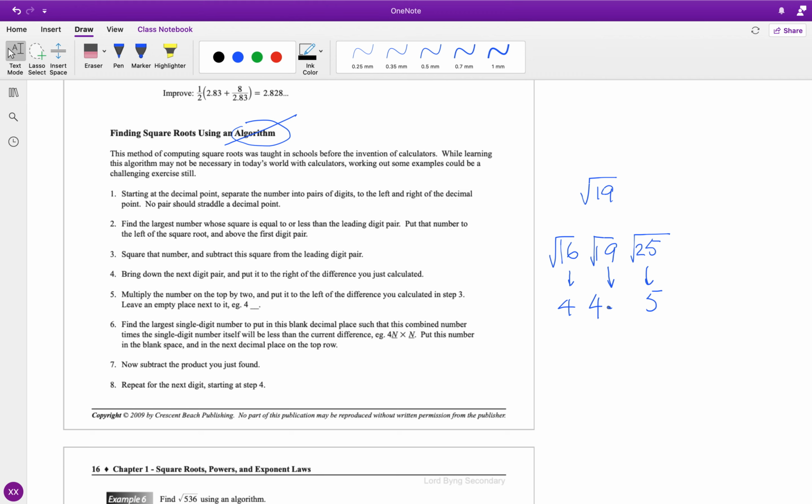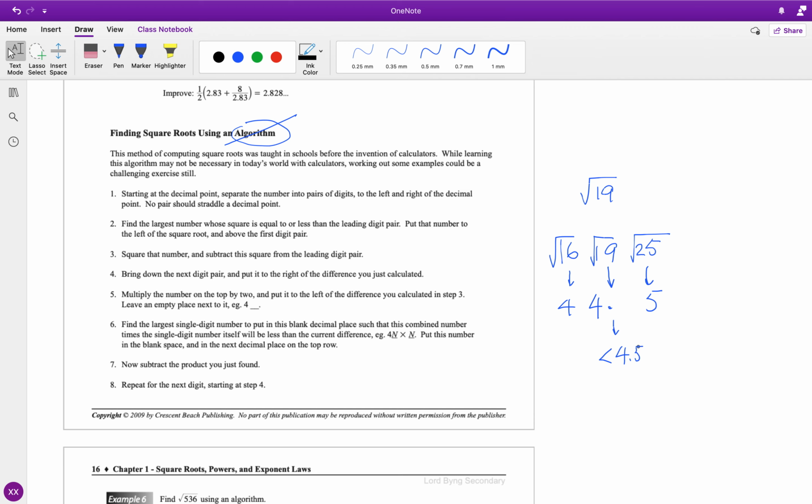Now, 4 point what? Take a look here. From 16 to 19, there are 3 numbers in between. From 19 to 25, there are 6 numbers in between. So definitely this number should be smaller than 4.5.